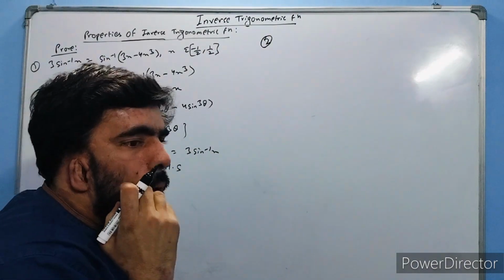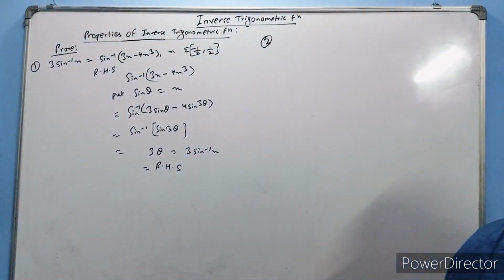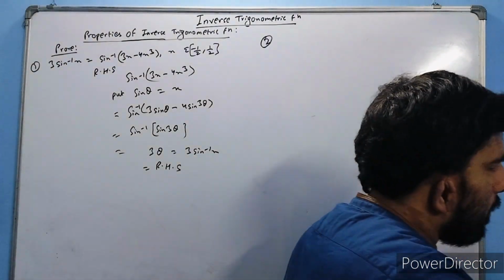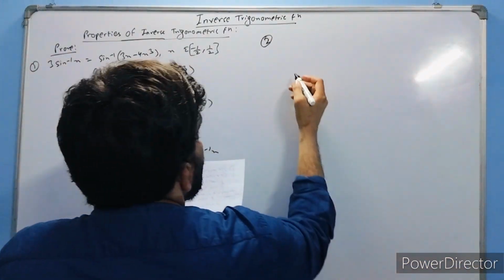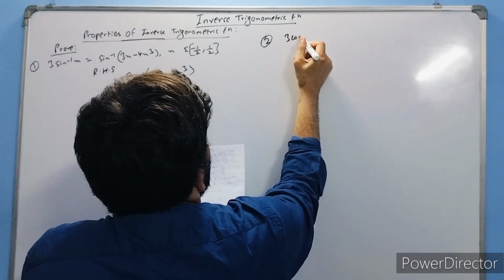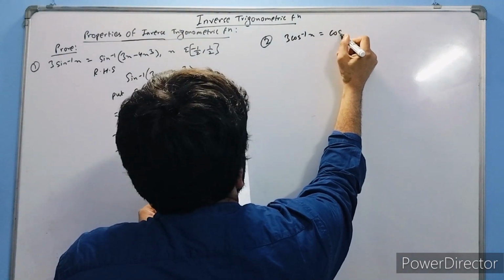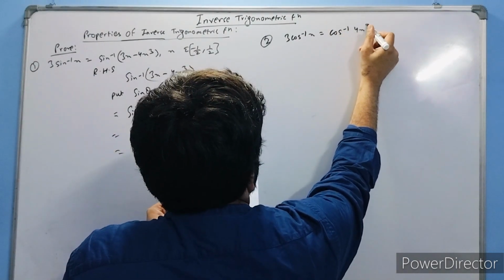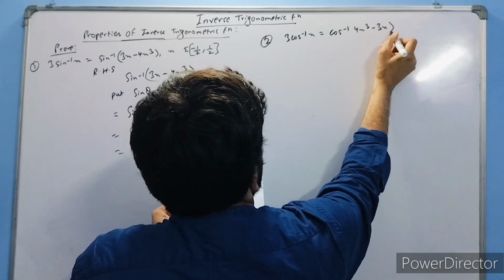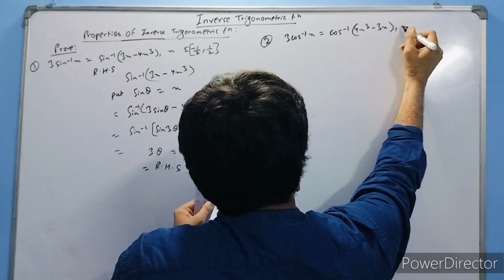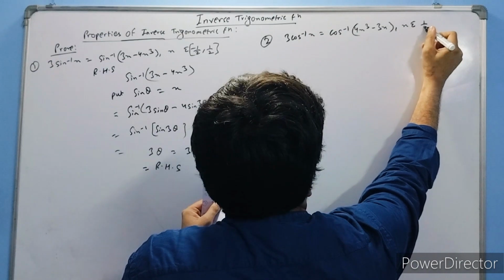Now let us try to solve the second question I have. Here also we need to prove 3 cos inverse x is equal to cos inverse 4x cube minus 3x. Okay, so we can say x belongs to half to 1.